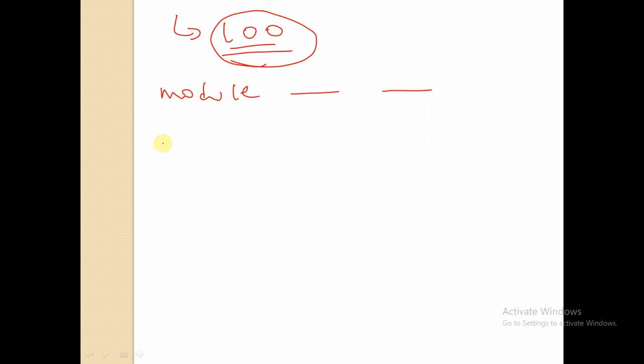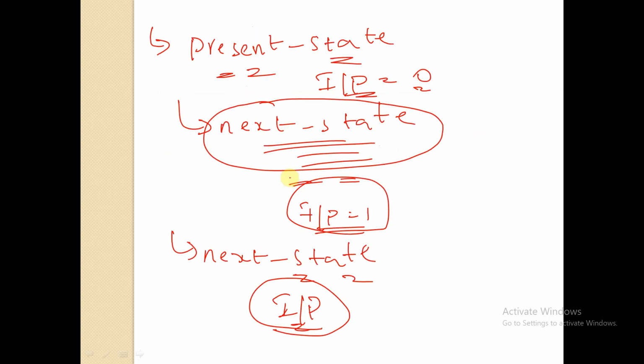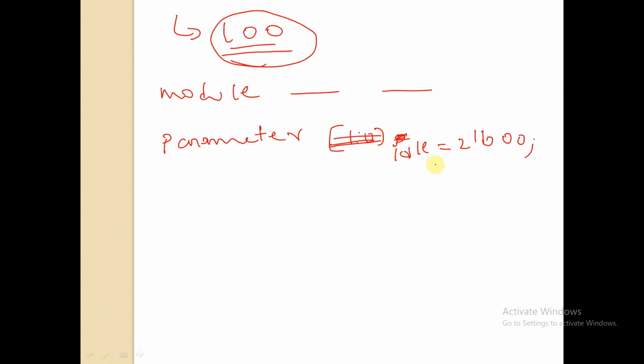Then it is your wish whether to declare parameters, but normally we will declare some parameters, say idle state is equal to 2'b00. Basically for writing the states, we will declare parameters. Instead of writing hard coded numbers, we will declare names for each number or state.